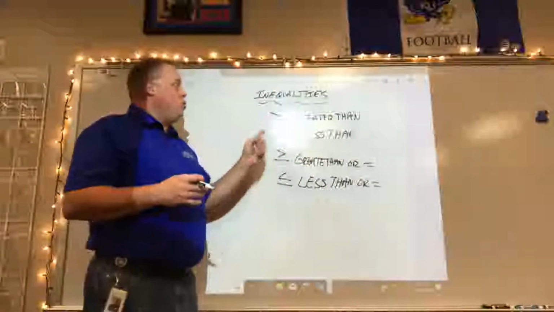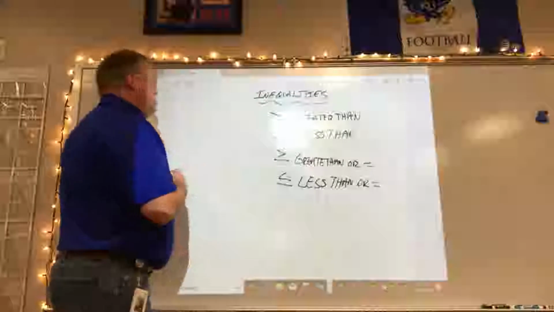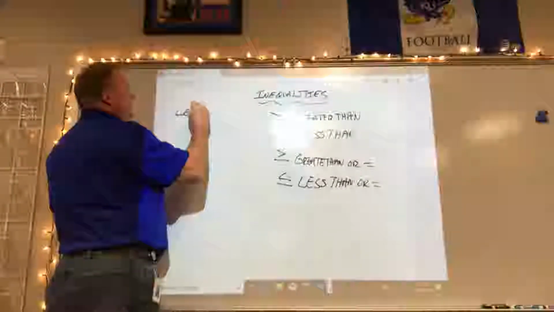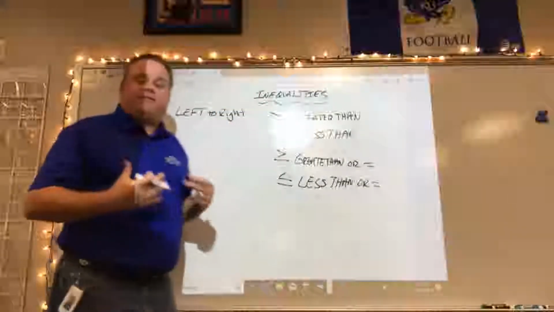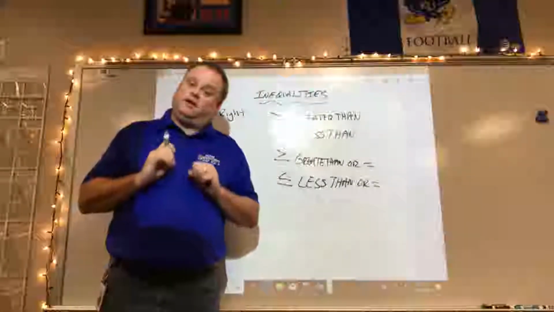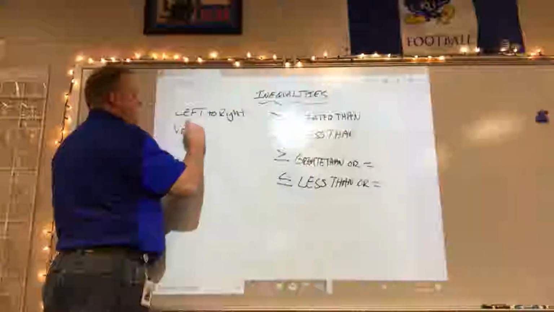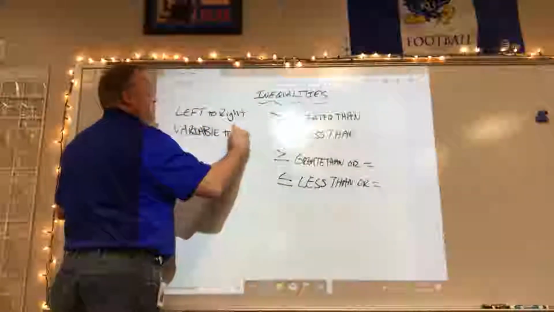Now, it is always greater than if I'm reading left to right. So the other part of this is I want to read an inequality left to right. But more important than left to right is it has to be variable to number.